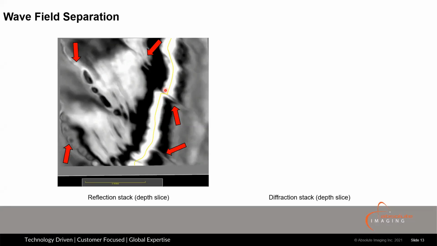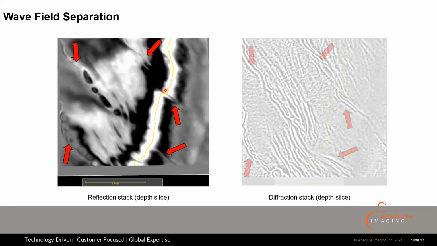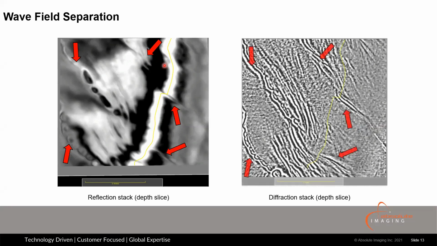After application of the diffraction filter, you should be able to remove this reflection energy, and you can now start to reveal the diffraction energy that is underlying with a much lower amplitude.